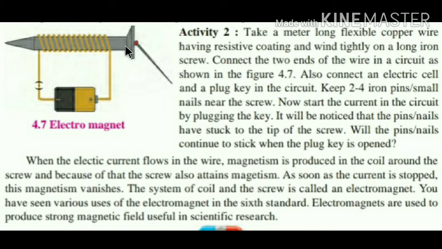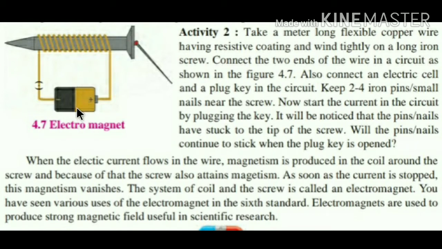This is the iron screw. Connect the two ends of the wire in a circuit as shown in the figure. Also connect an electric cell and a plug key in the circuit.